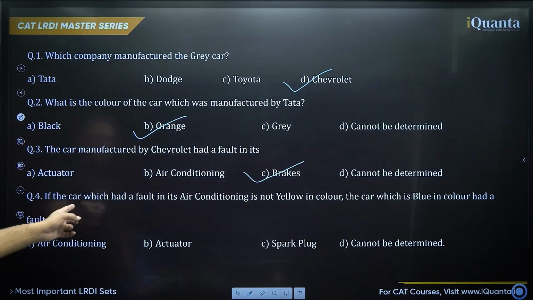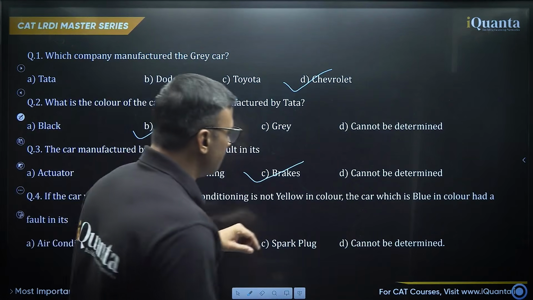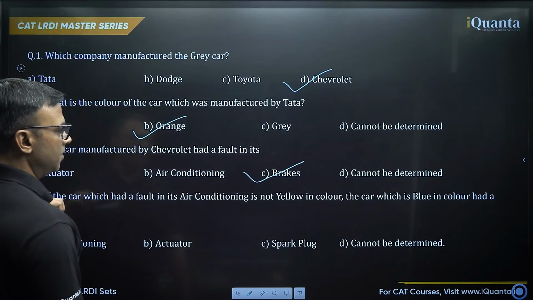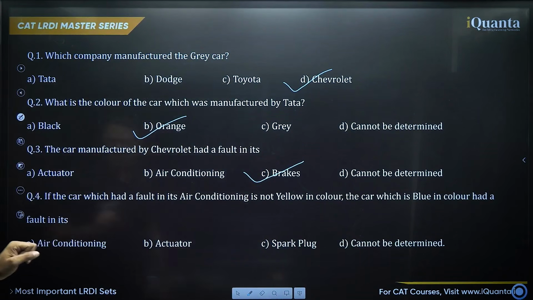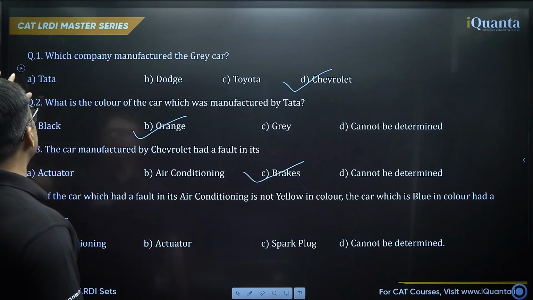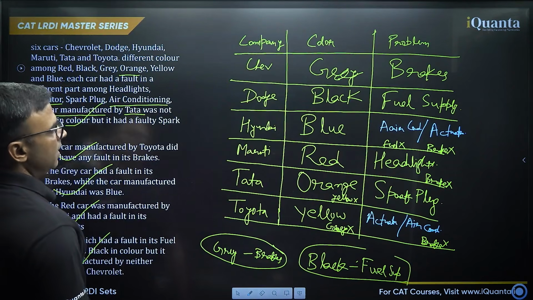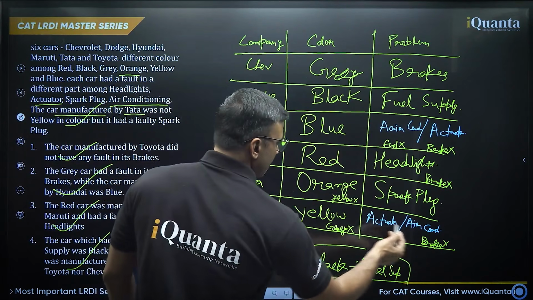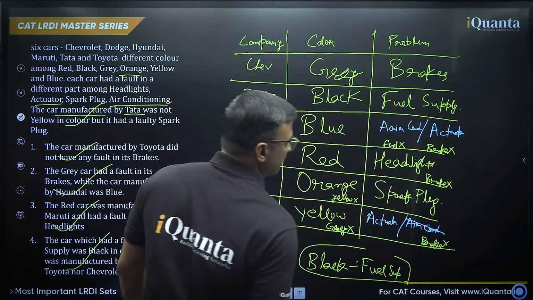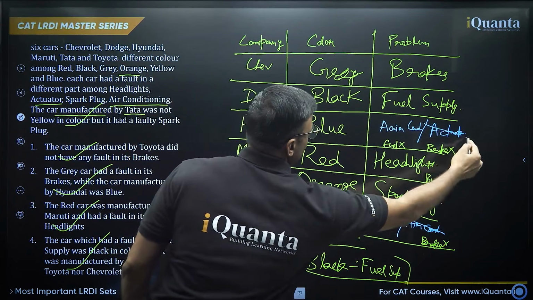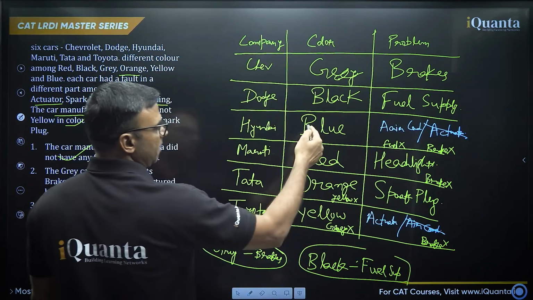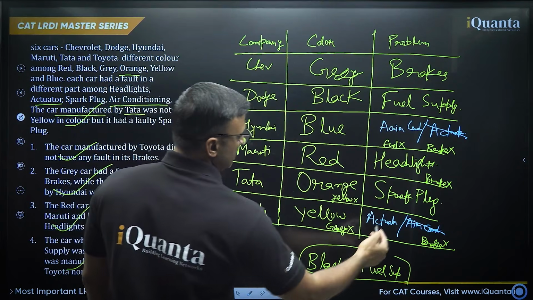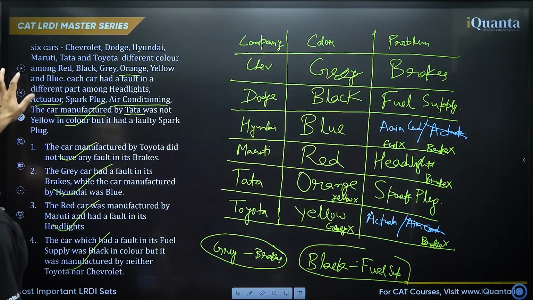They said if the car which had a fault in its air conditioning is not yellow, the car which is blue had a fault in it. So if air conditioning is not yellow, here I'll cut air conditioning, so here I'll have to cut actuator. So air conditioning will be blue and yellow will be actuator. What is the question?